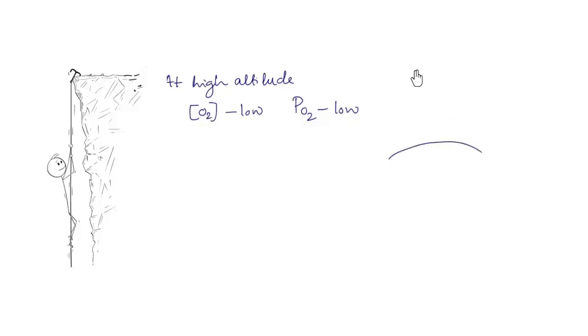At high altitude, the concentration of oxygen is low, and the partial pressure of oxygen is also low, because on the Earth's surface you can see this is the atmosphere. As you go upwards, the partial pressure of a particular gas decreases.